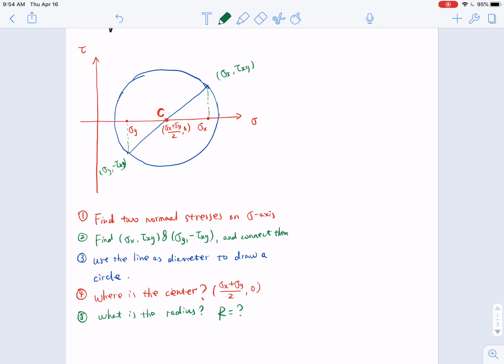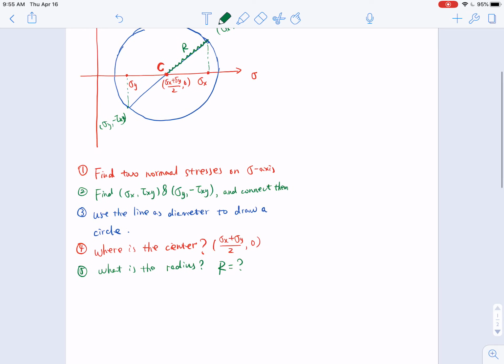Here is the radius, let's denote it using R. You can determine the magnitude of R from this triangle, and we can draw this triangle here.